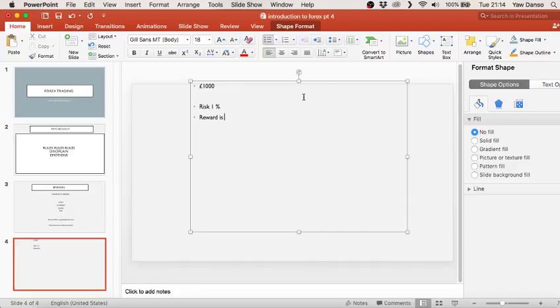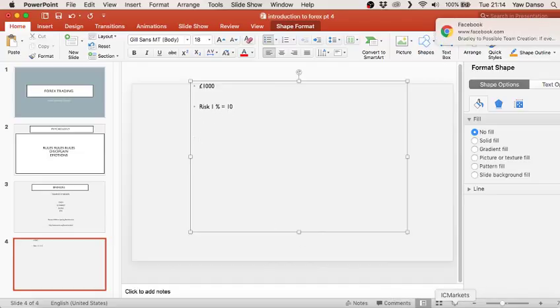You risk 1% of 1,000, which is 10. When you risk 10, you expect a reward, and this will be part of your trading plan.